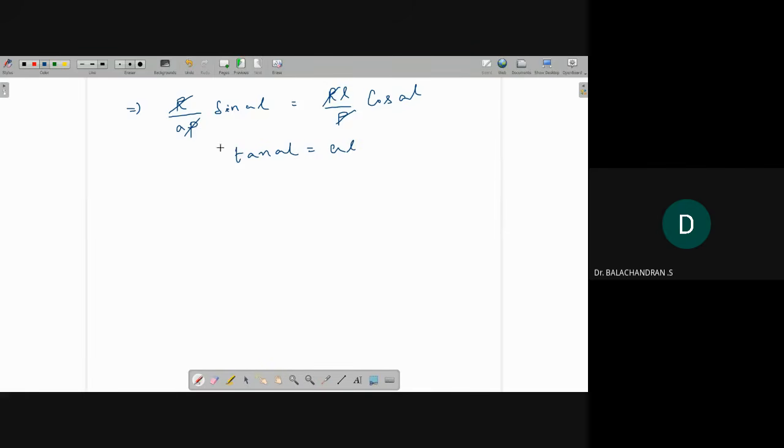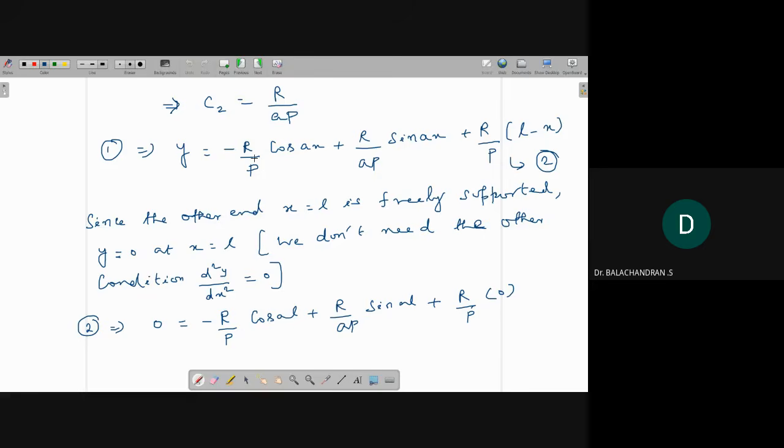Hence the deflection curve is given by y equal to R by P, you can take R by P commonly throughout, sin ax by a minus, I need L cos aL.